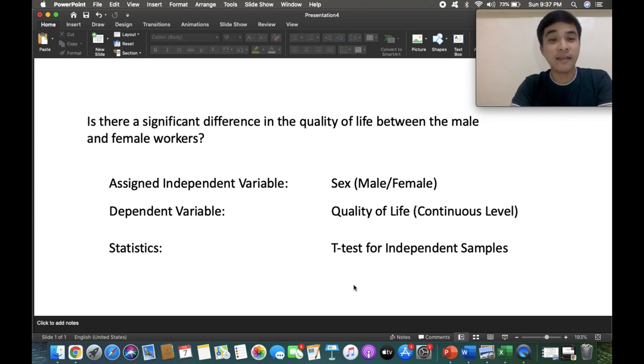It's independent samples because the data will be coming from two independent groups. In this case we have data for female and data for males, and they are independent from one another. So that's one example of a research question and the sample research statistics to be used in the analysis.